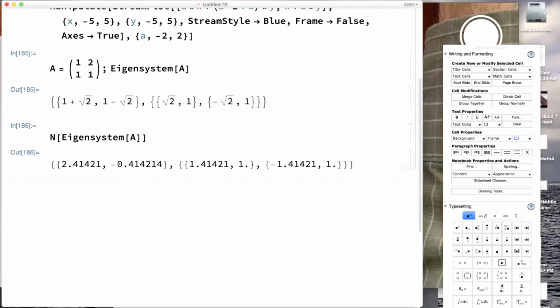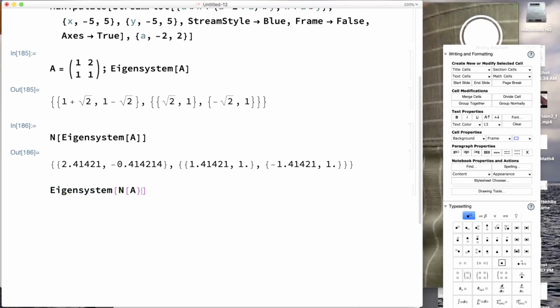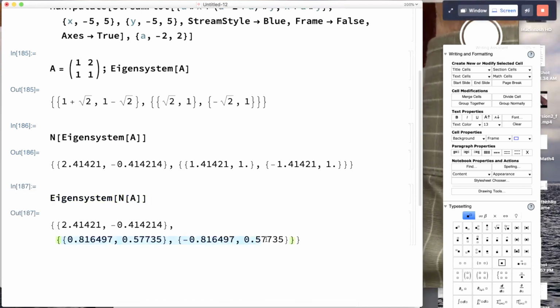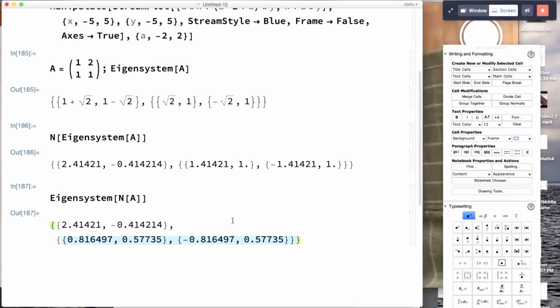And actually, if you use a capital N inside the Eigensystem in front of just the A, I think it'll also normalize the eigenvectors, in other words, make them approximately unit length. Another way to do that, well, okay, let me just leave it at that.